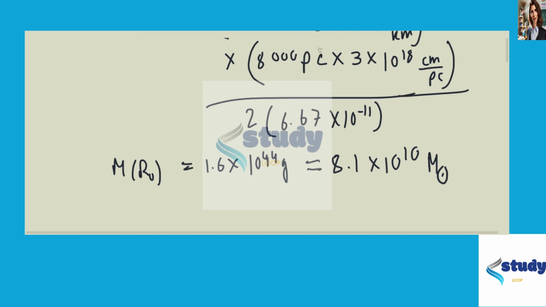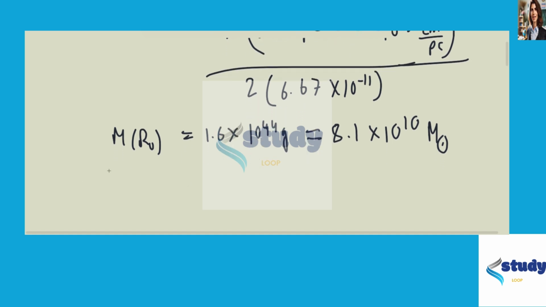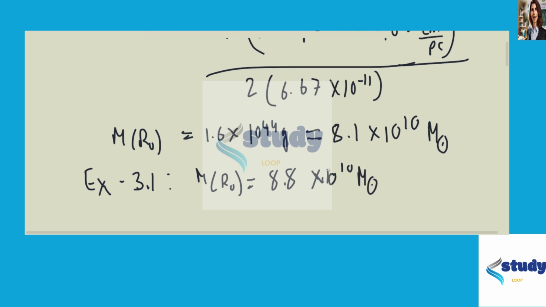And from example 3.1, the mass is given as 8.8 times 10 to the 10 solar masses, which is very close to our estimate.